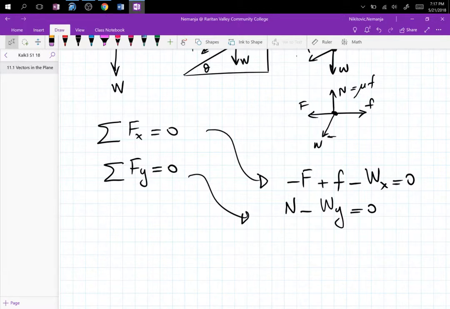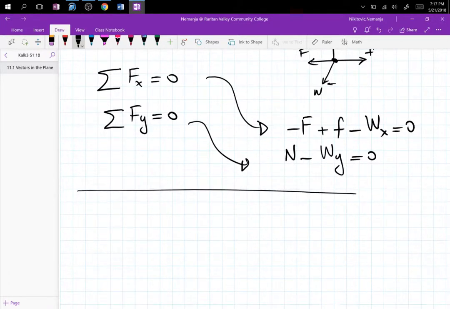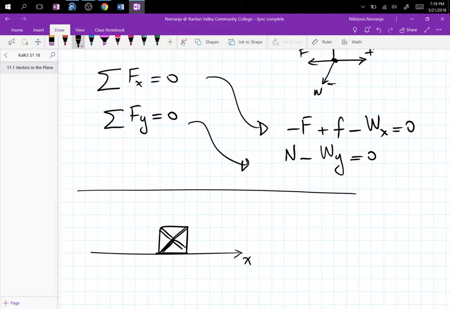Now, physics actually teaches us a lot of things, and if you study physics closely, you understand. First off, if you are pushing or pulling something, so here's a crate on the x-axis.